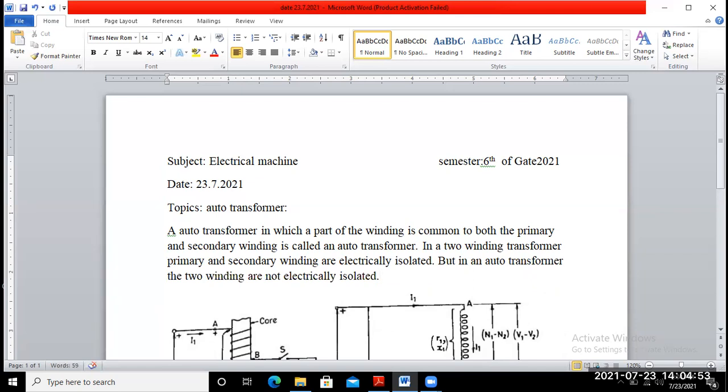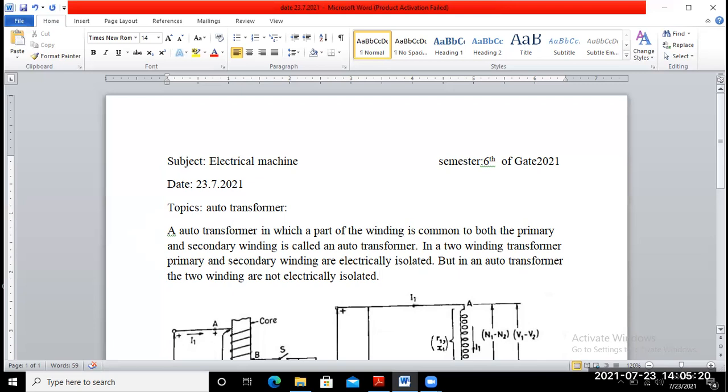So is it clear from the definition of the auto transformer? Some part of the connection between the primary coil and secondary coil is common. That means some part of the winding serves as the primary as well as the secondary. That means they are not electrically isolated; there is a connection between the two.